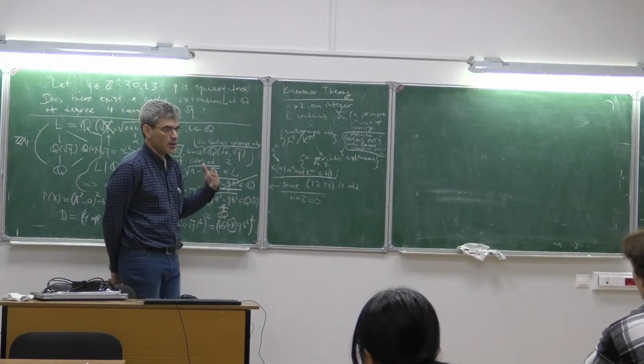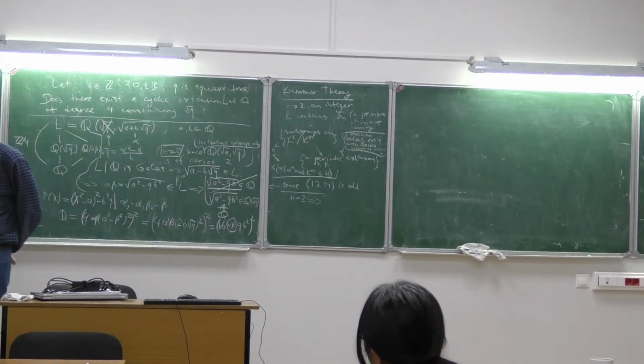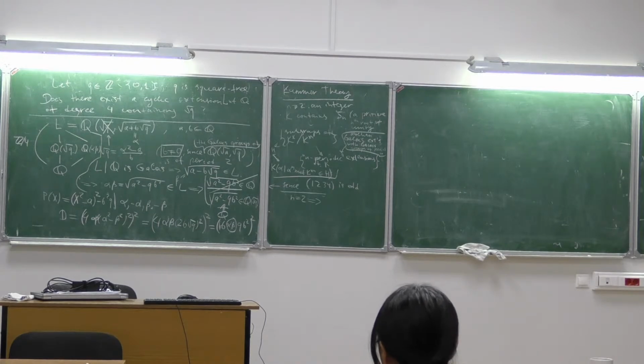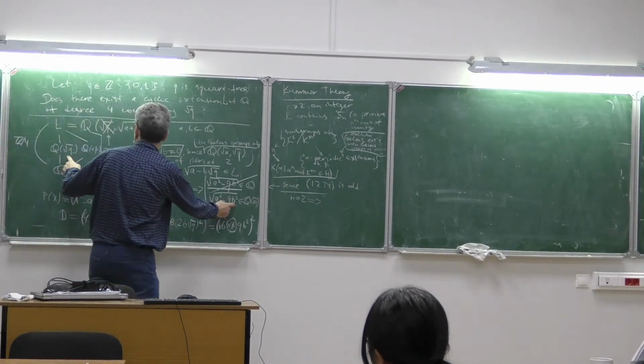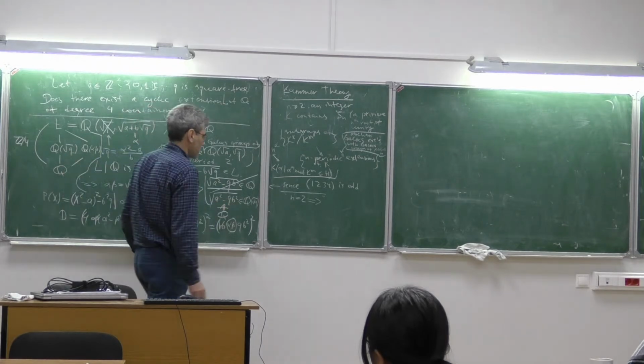What does it mean that they coincide? They coincide modulo squares. So this means that these elements are the same modulo squares.